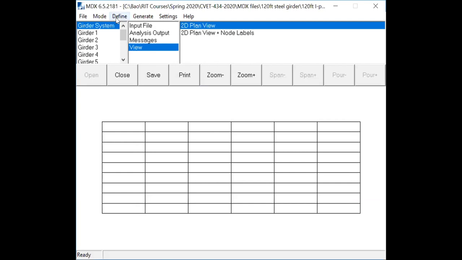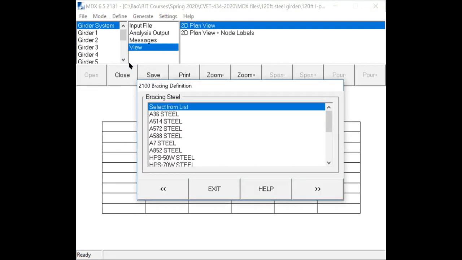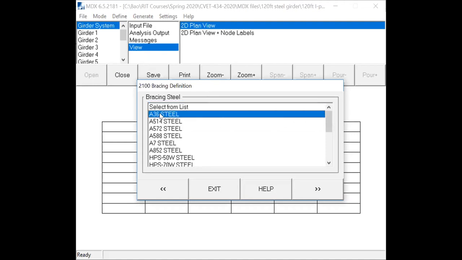Okay, so now we define the girders already. After you define the girders, you see this check mark. So we're done with the girders. Then the next one, which is active, is the bracing. So click bracing, and first we select the bracing steel, A36 steel.